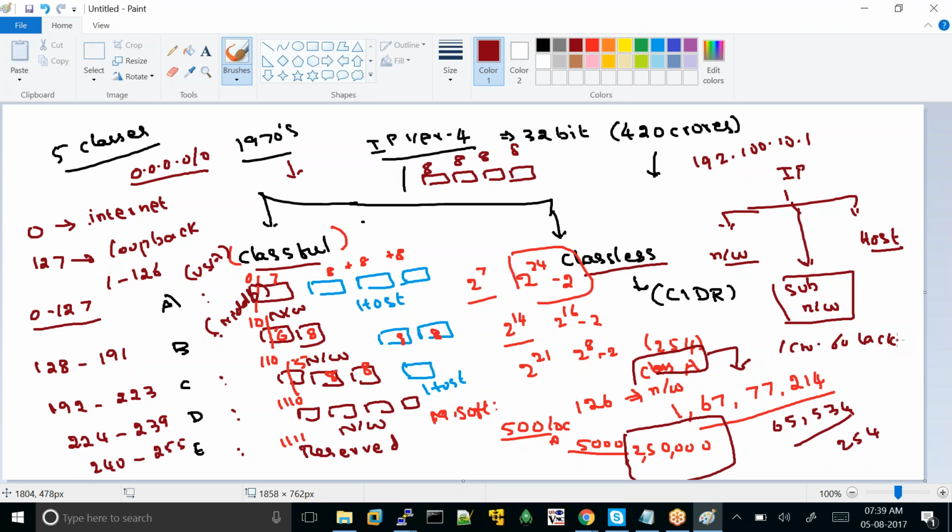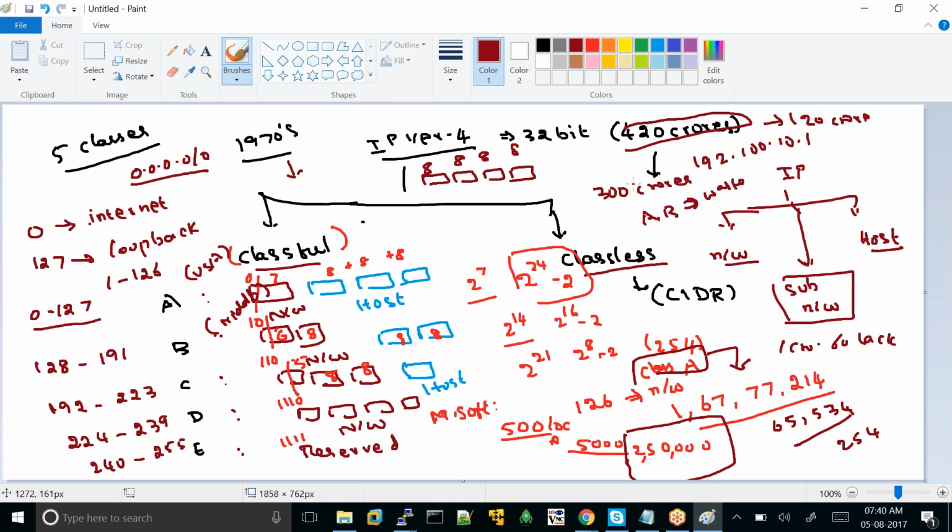By way of this poor allocation policy, out of these 420 crores of addresses, which are spread across class A, class B, and class C categories, almost 300 crores of addresses assigned to class A and class B have been wasted. We have been left with only 120 crores of addresses.